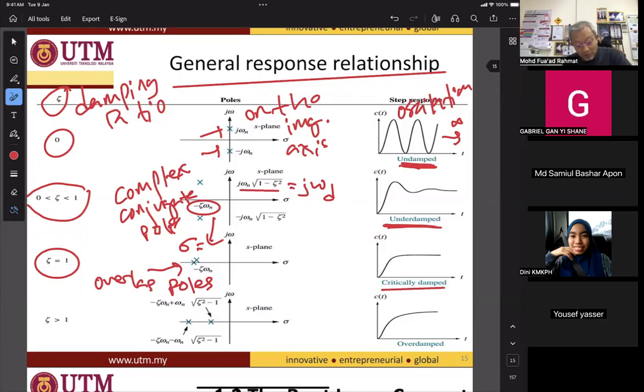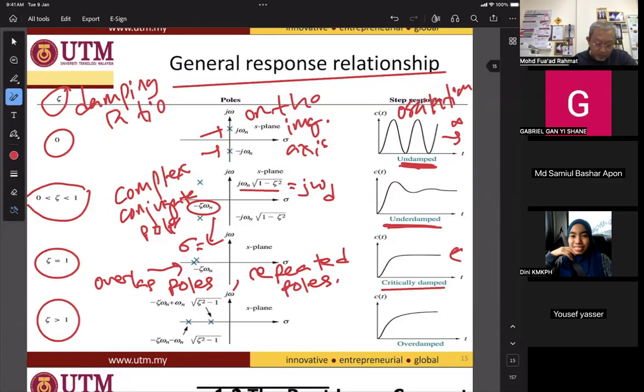In English, we call it overlap poles, where the value of the poles is the same and located on the real axis. Some books write it as repeated poles, also the same. And the response is shown here, less better than underdamped.